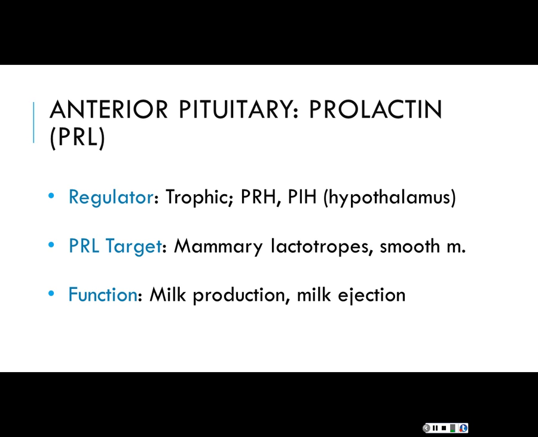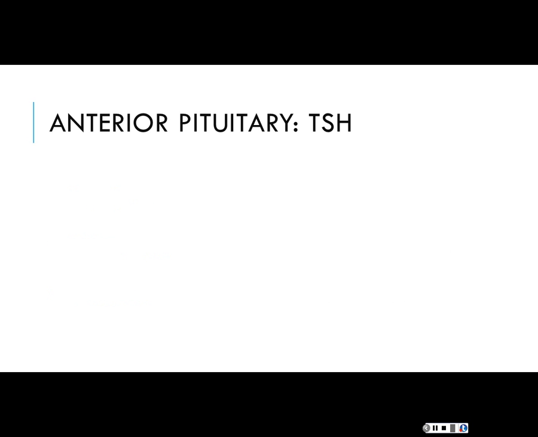What else? Let's move on to another hormone which you are familiar with, which is called thyroid-stimulating hormone. Anybody remember the alternate name for this hormone? We covered it in lab last week. You have a quiz? What's the other name for TSH?